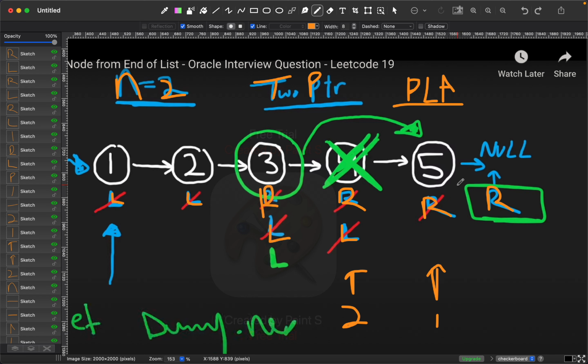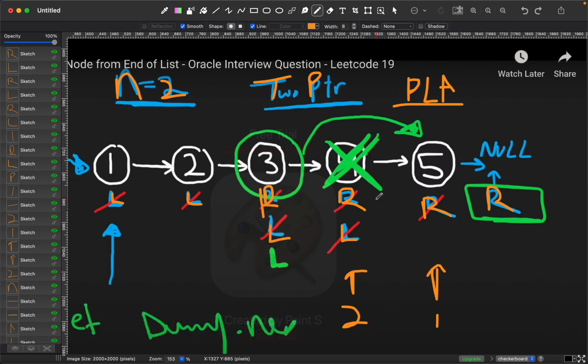There's no more. That's why you strategically arrange 2 gaps in between. So notice they are constantly 2 gaps away. So once you reach the end, the null node, that means 2 gaps away will be the node that you want.